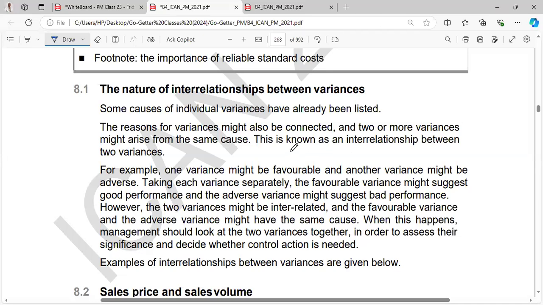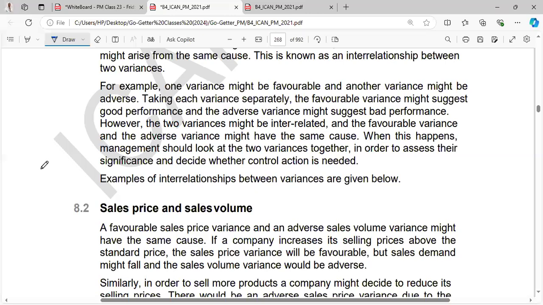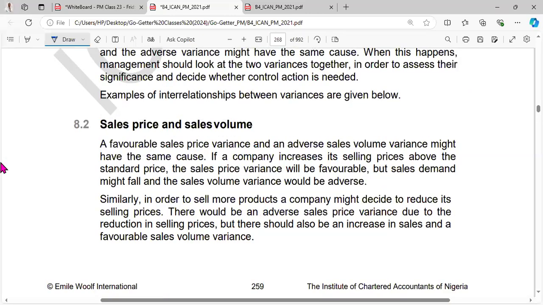Now let's look at sales price and sales volume. A favorable sales price variance and an adverse sales volume variance might have the same cause. If a company increases its selling price above the standard price, of course, the price variance will be favorable.